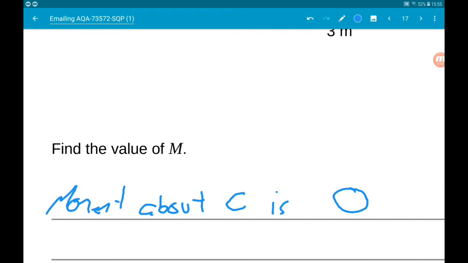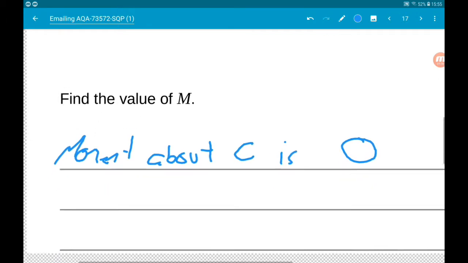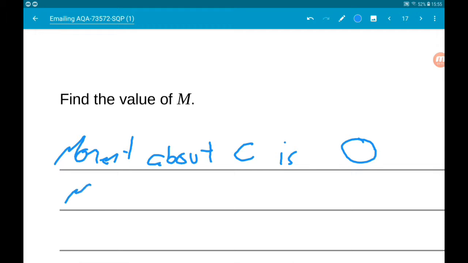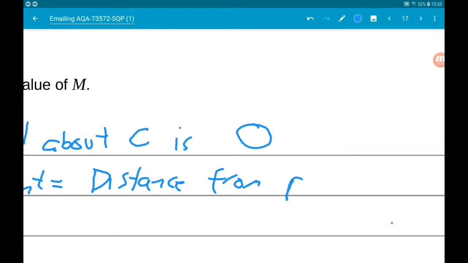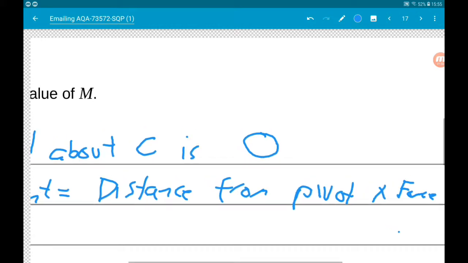So, the formula for a moment is the distance from the pivot times the force. So, let's think about the forces.